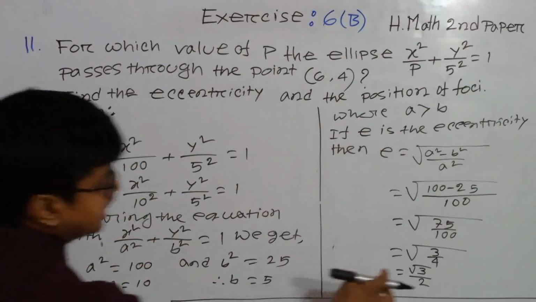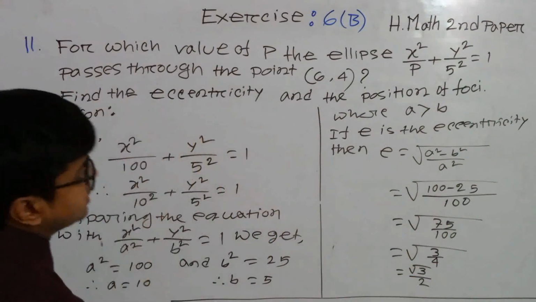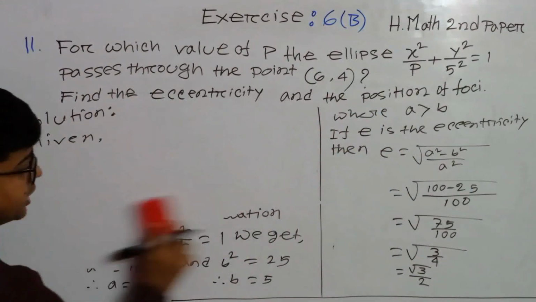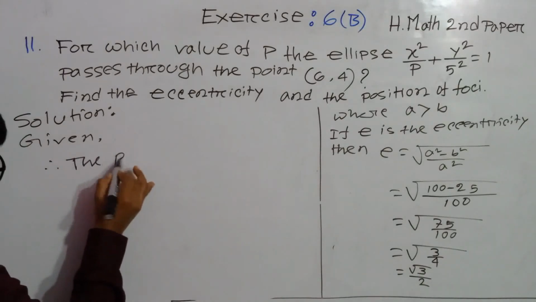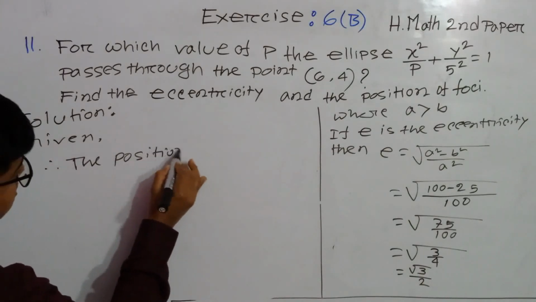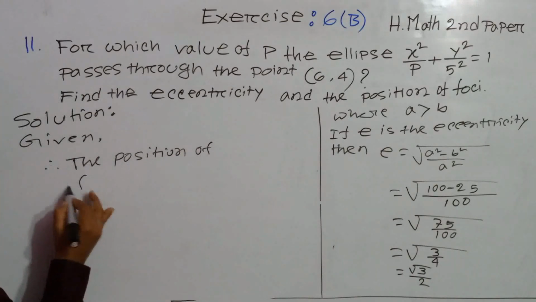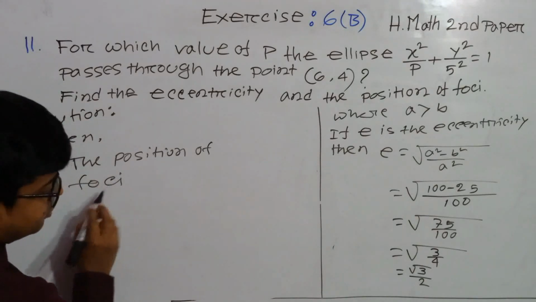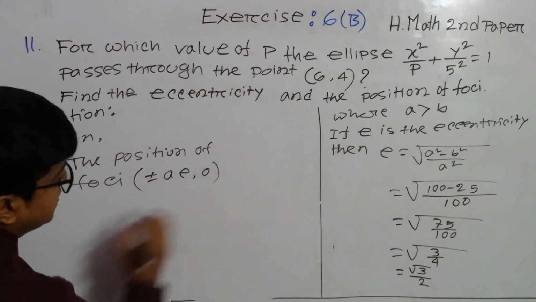Now this is the result of eccentricity, and now the position of foci. Therefore the position of foci will be plus minus ae, 0.